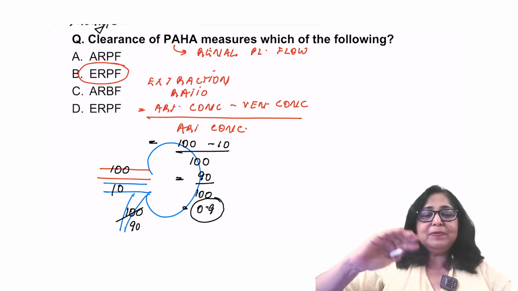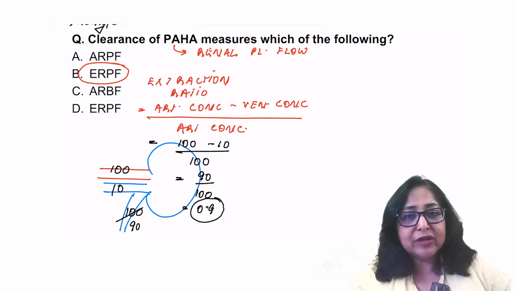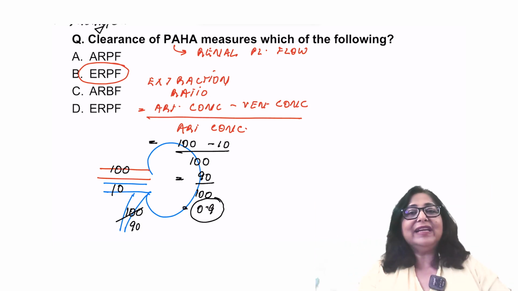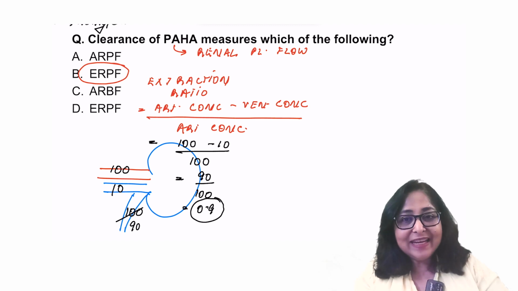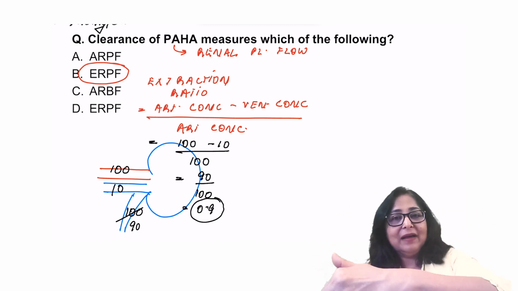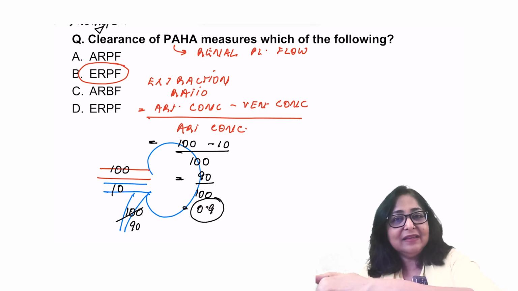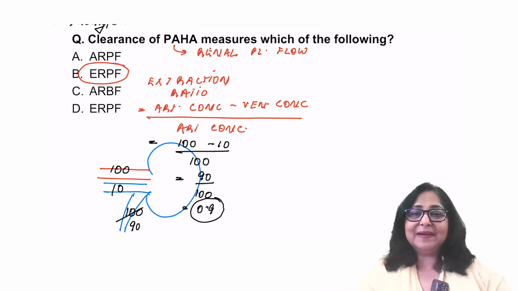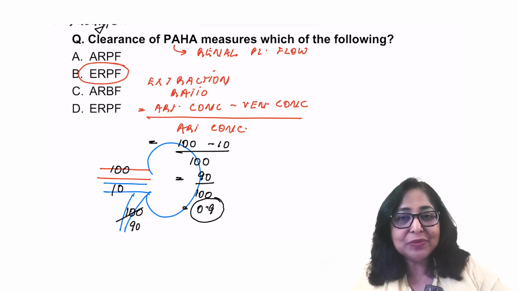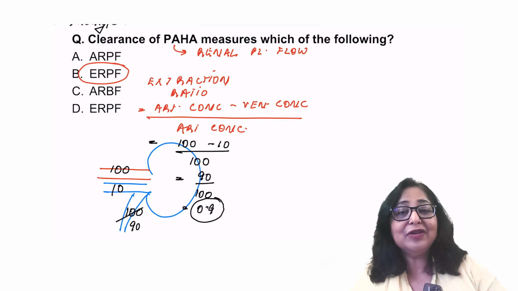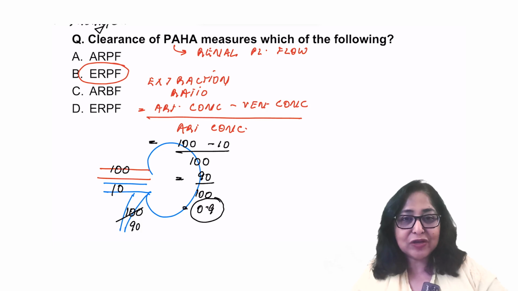There is a small percentage of the renal artery blood which goes into the renal capsule, into the adipose tissue which surrounds the kidney. So the para-aminohippuric acid in this blood will be returned into the renal vein. That is why it has an extraction ratio, because all of the renal artery blood is not participating in filtration.